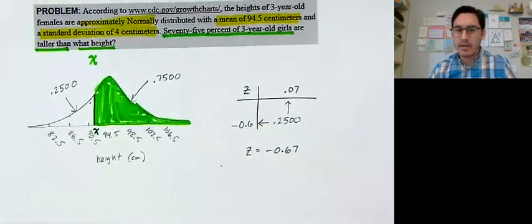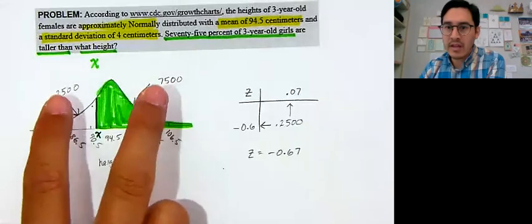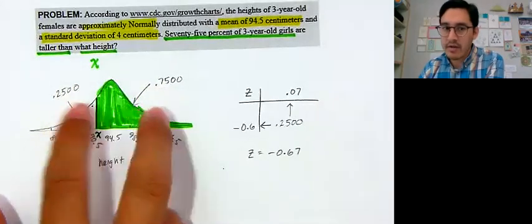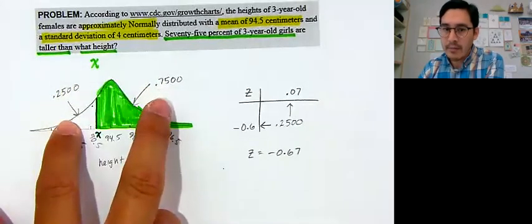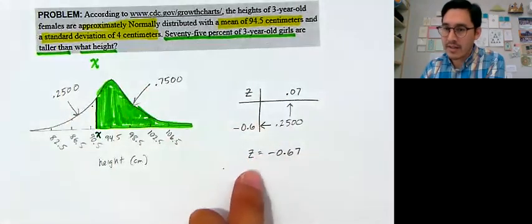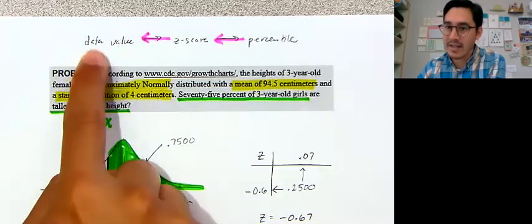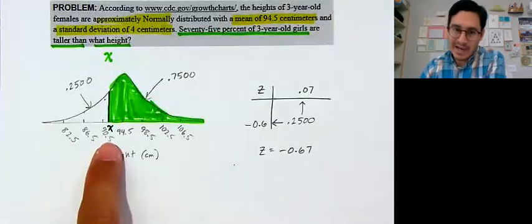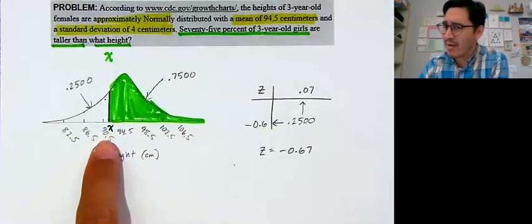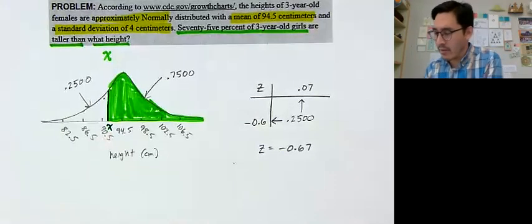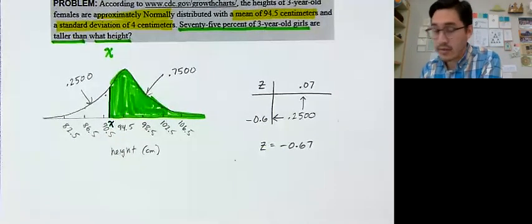So we've taken the given percentages, either the right tail or the left tail, doesn't matter, and then we've worked our way backwards to get the z-score. And now from the z-score, we have to work backwards to get the data value, which my guess was it's going to be somewhere around 90.5. But again, that was just a guess.